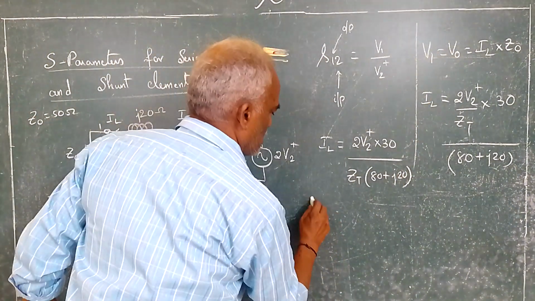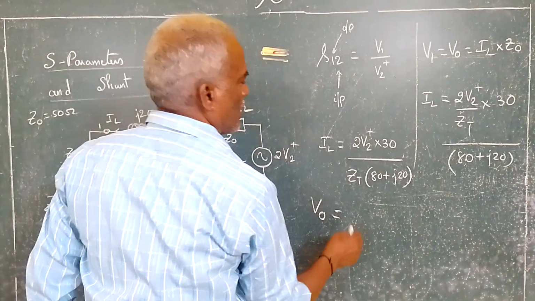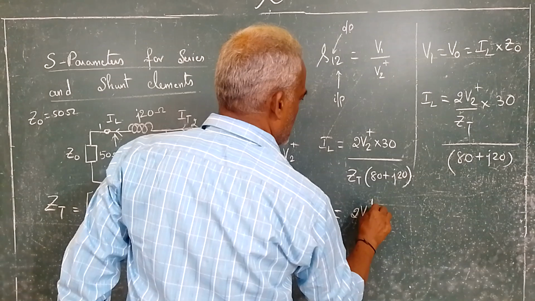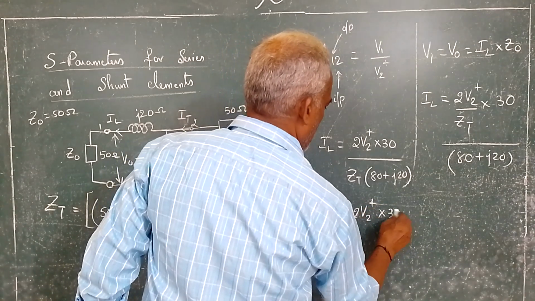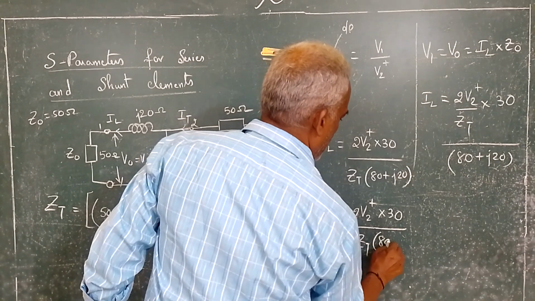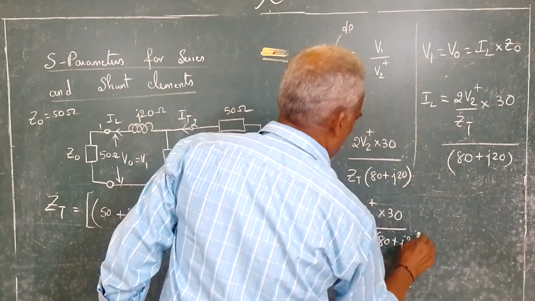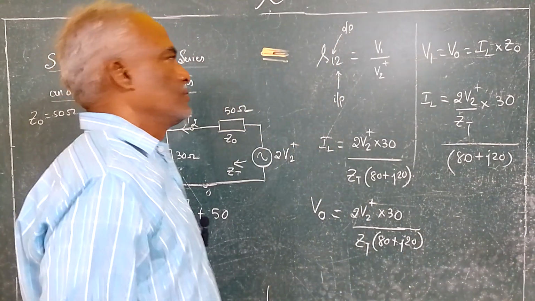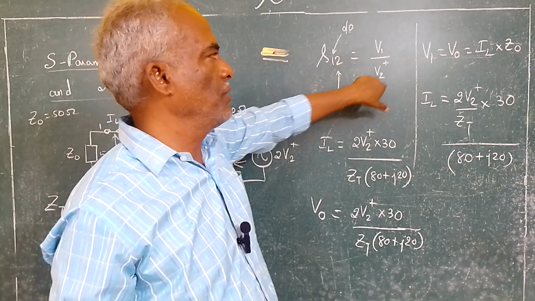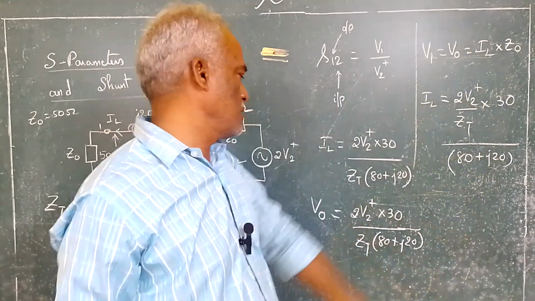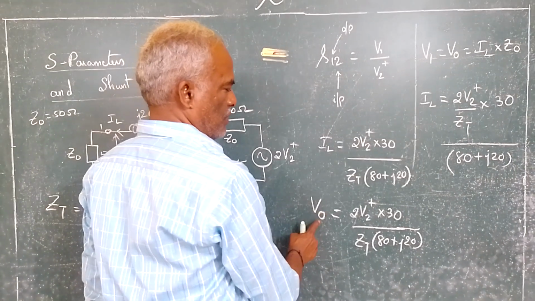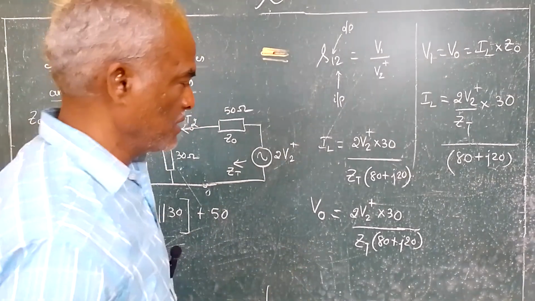V out is equal to IL, and IL is this value, 2V2 plus into 30 by Zt into 80 plus J20. So what is the formula? S12 is equal to V1 by V2. V1 is nothing but V out, IL into Z0. Okay, now we know V out. V out is nothing but V1. So I can very well write it as V1.